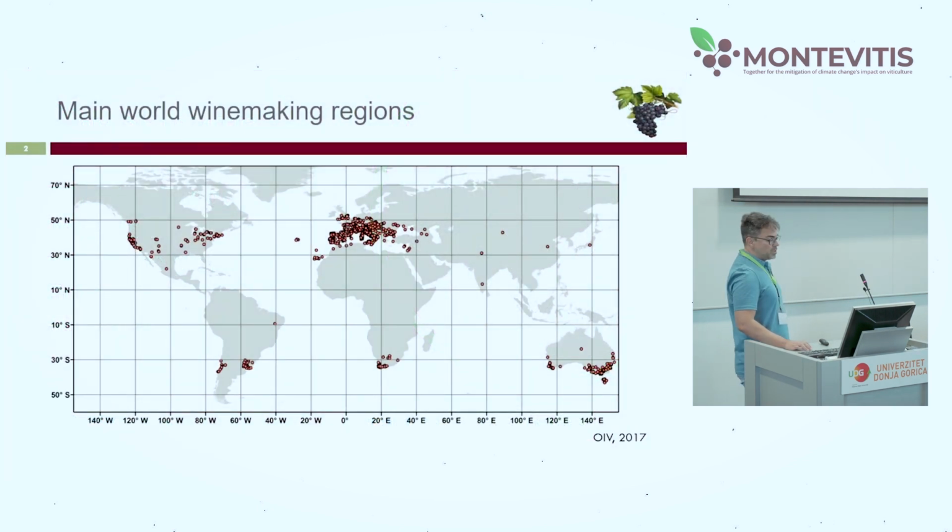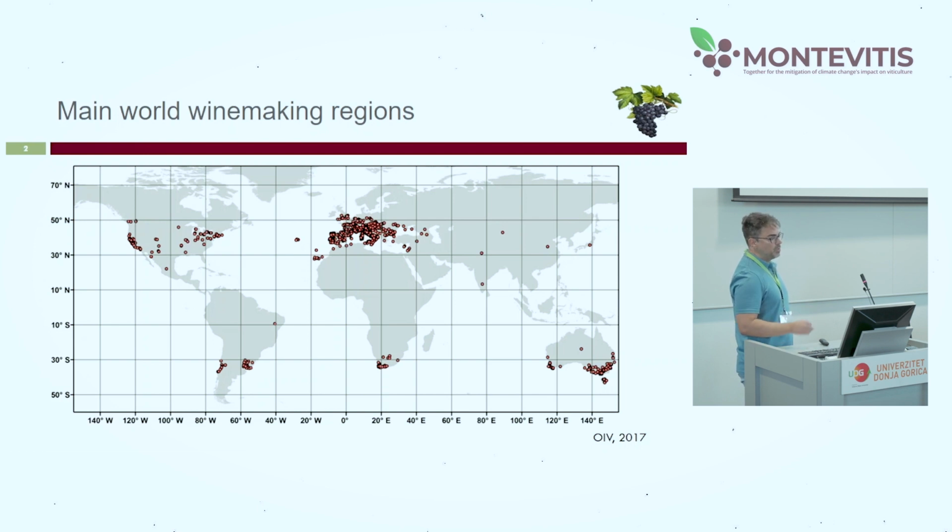Well, most of you probably know this map. This map shows the main producing wine regions in the world. If we take a close look at the main producing regions, we can see that they are scattered around the world, but they are also in very niche places. You can see that in the northern hemisphere, they are located mostly in Europe, also now in China and other regions.